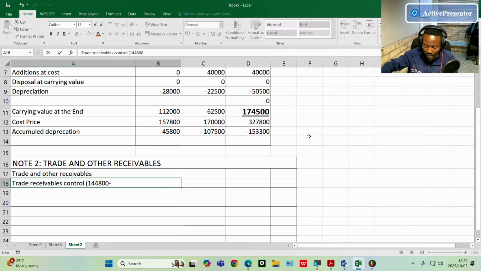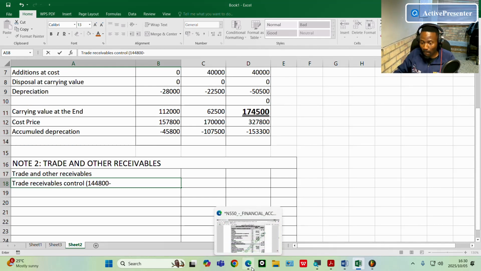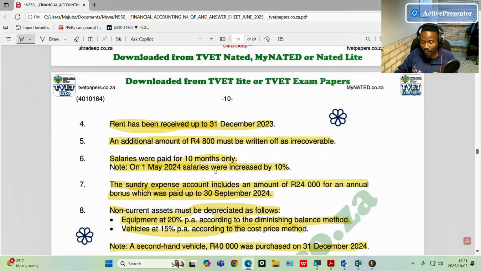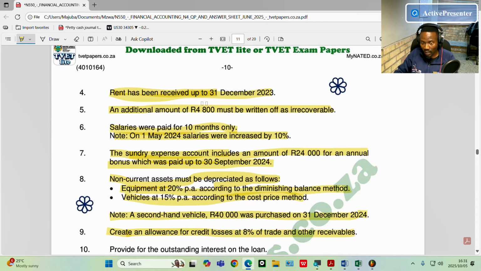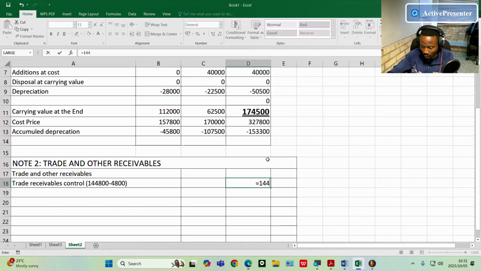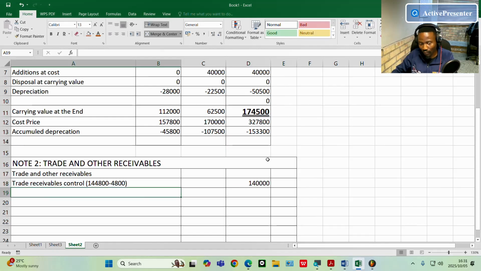and then you less your credit losses from the adjustment, which is 4,800. So it's just straightforward, 144,800 minus 4,800.